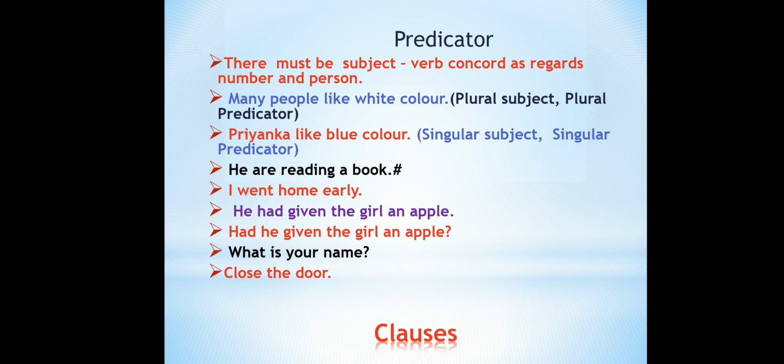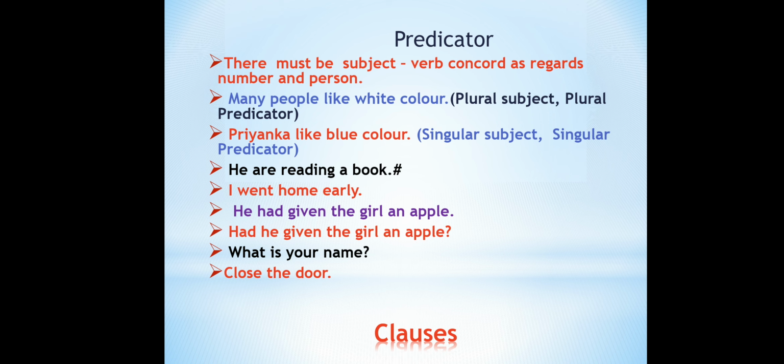Look at the second sentence. Priyanka likes blue color. Here the subject Priyanka is a singular subject, and so we must use the singular predicator likes. Now look at the third example. He are reading a book.